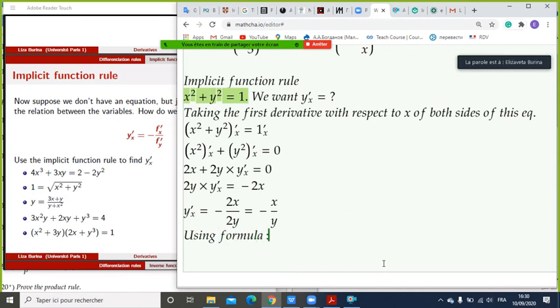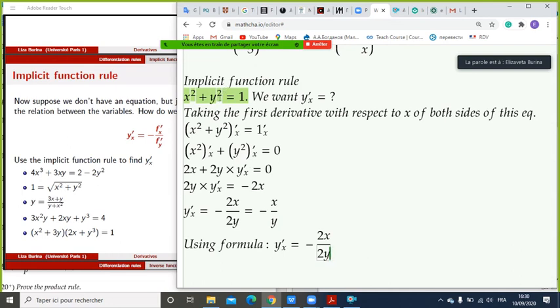So using the formula, the y prime x was supposed to result in something like minus a fraction. And then here what we have, the derivative of the thing with respect to x, it's 2x. The derivative of the thing with respect to y is 2y.